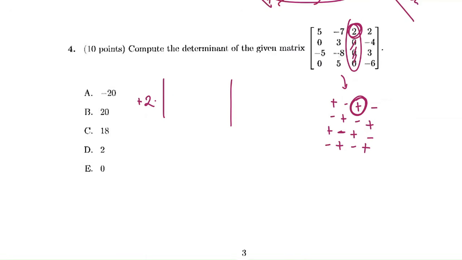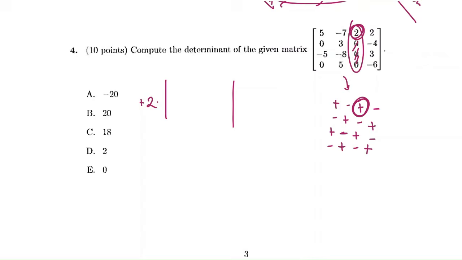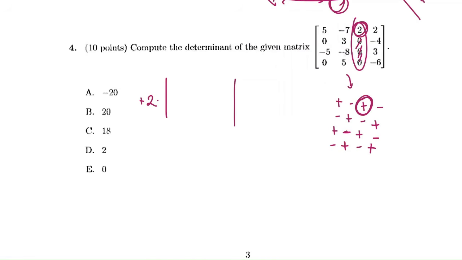If I started with -7, I would be doing the negative of -7, because this is where I'm starting from for that entry. But we're not doing that here. So we are starting with a positive.